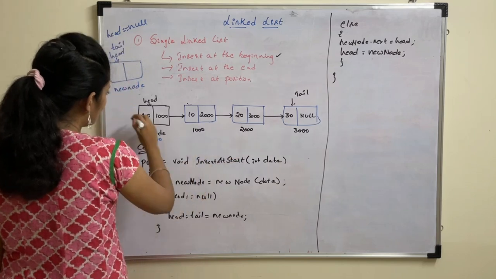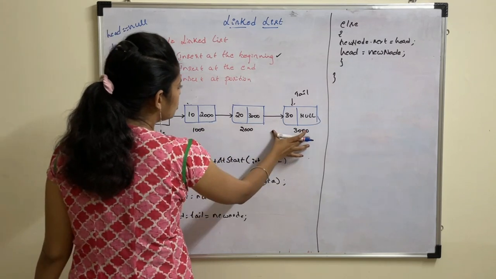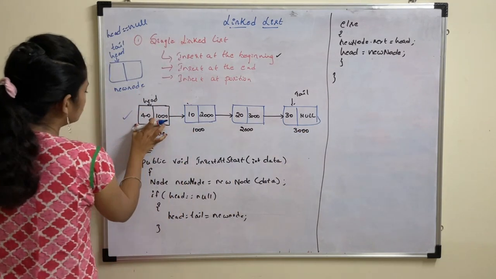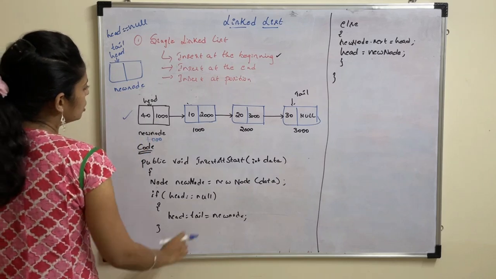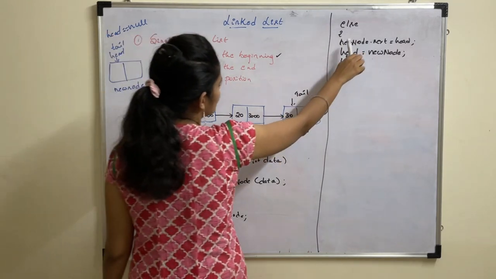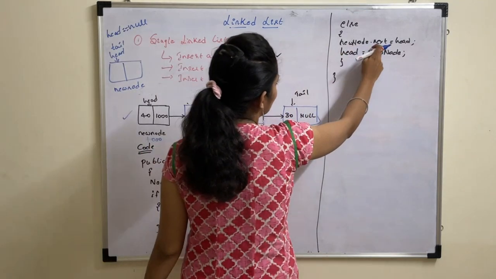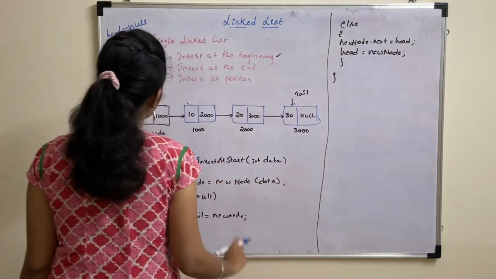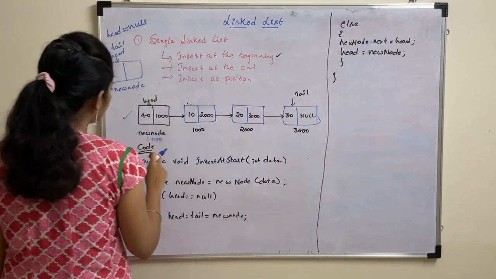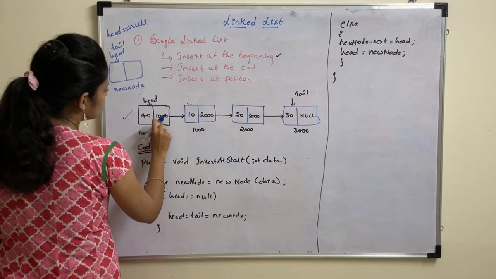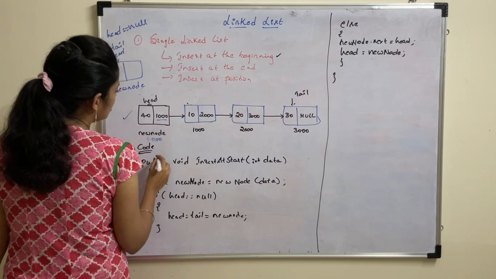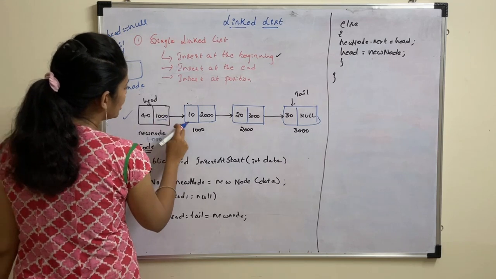Now suppose there are nodes. In this example, we already have 3 nodes in the linked list and the newly created node is the 4th node. In this category, you need to execute the else part. What is this? New node dot next equal to head. What is the first operation we implemented? New node dot next, that means this field, should be equal to head.